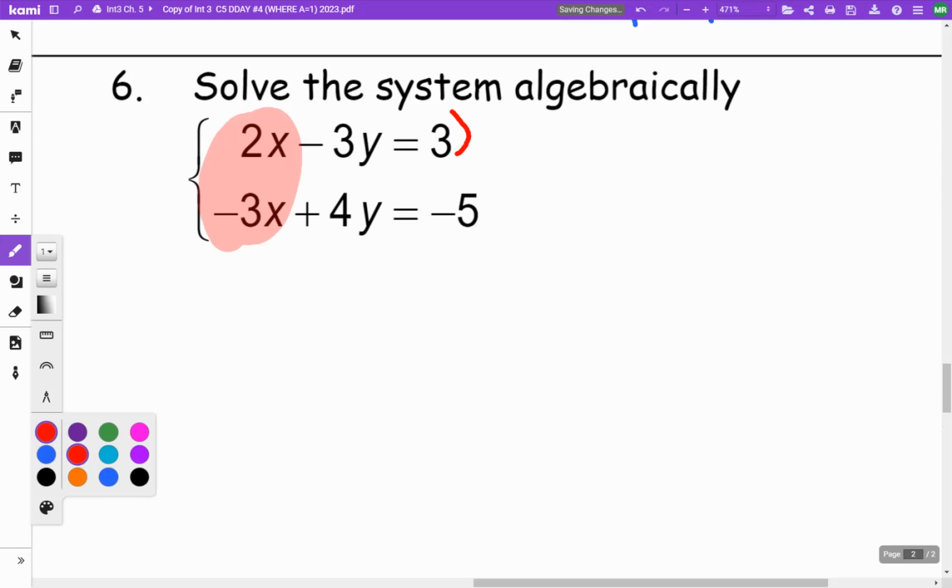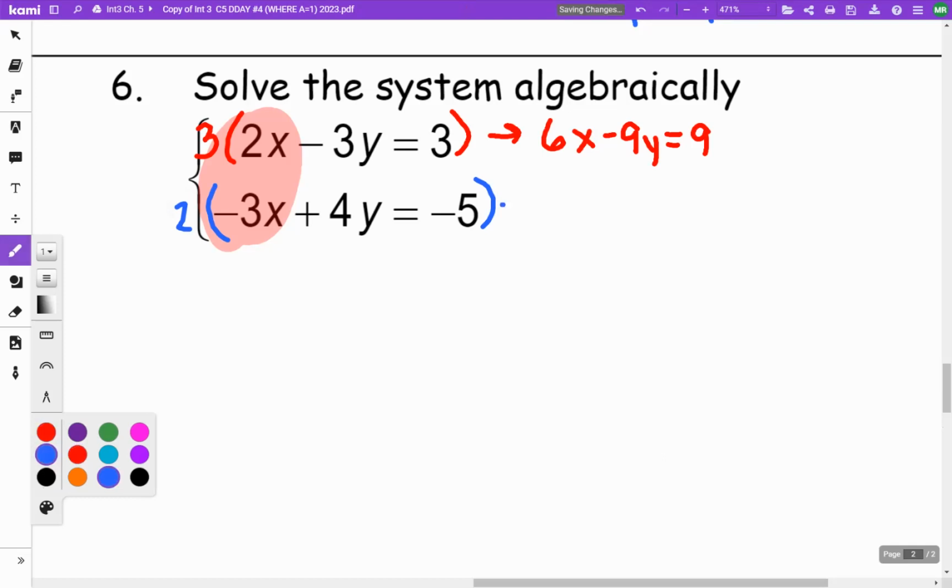I'm going to multiply this equation by 3 and this equation by 2. So when I multiply the top by 3, I'm going to get 6x minus 9y is equal to 9.